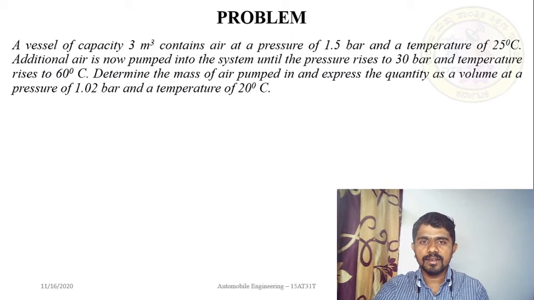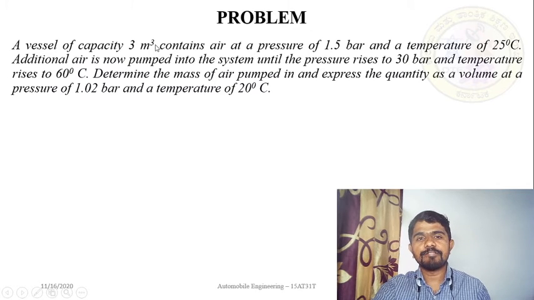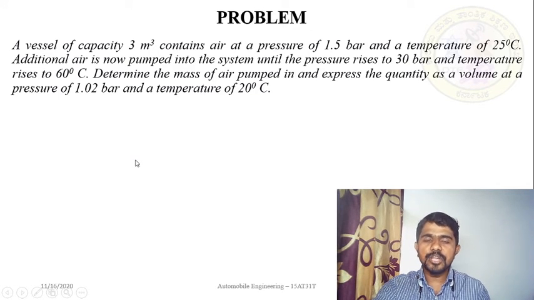A vessel of capacity 3 meter cube contains air as an ideal gas at a pressure of 1.5 bar and temperature of 25 degrees centigrade. Initial conditions, you can say P1 and T1 easily, and this is V1.